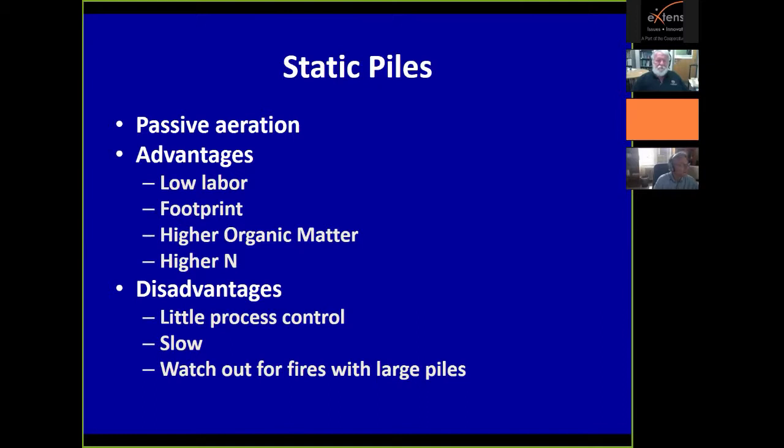They have the advantages of being very low labor, but they do require a certain amount of footprint. There are some limitations with higher organic matter and higher nitrogen, and you don't have much process control. It is a very slow process, can take years, and with piles that get too large, there is the risk of fire due to what is called spontaneous combustion.